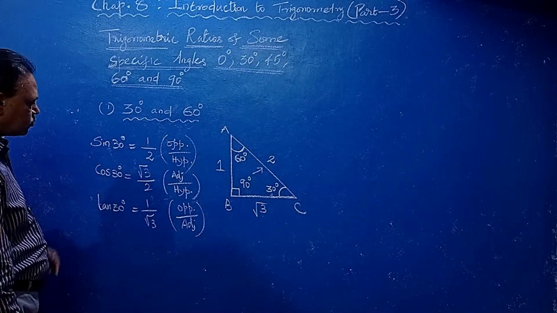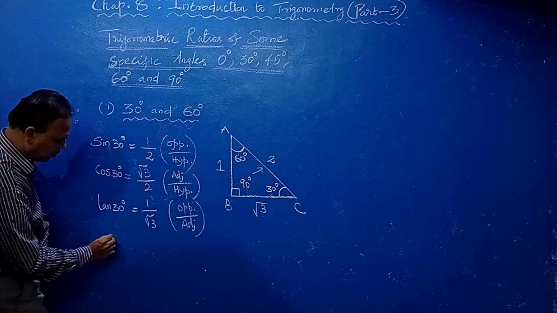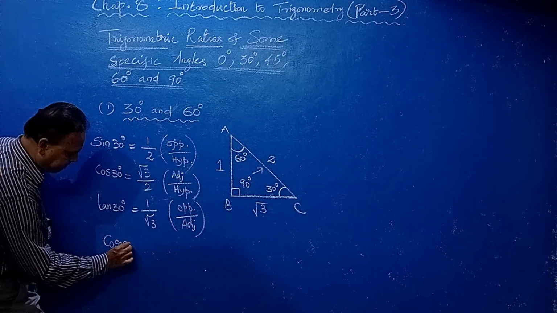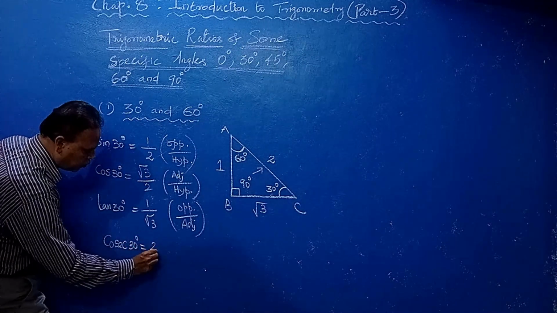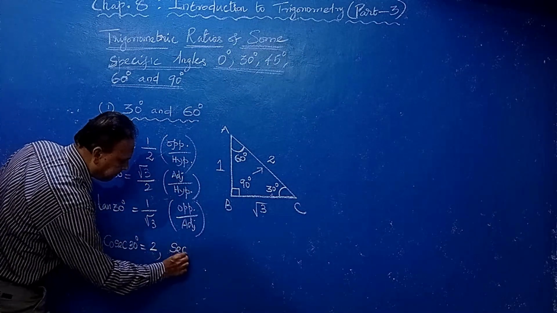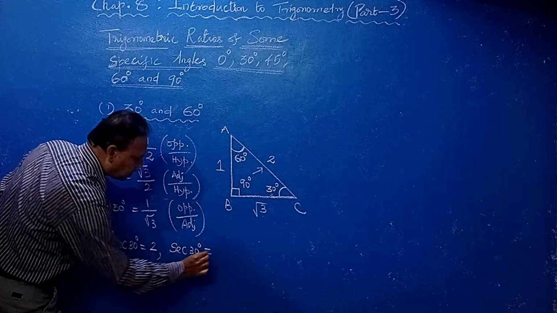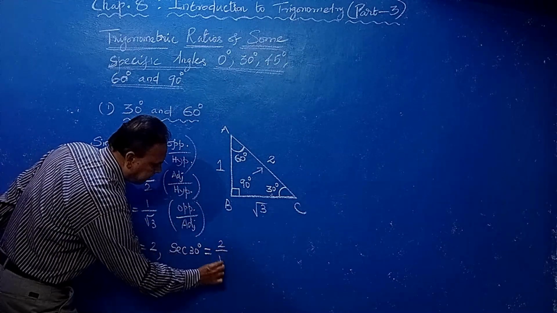This is 30 degree. Next, cosecant 30 means just the reciprocal, right? 1 by 2, reciprocal is 2. Now sec 30, reciprocal means 2 by root 3.